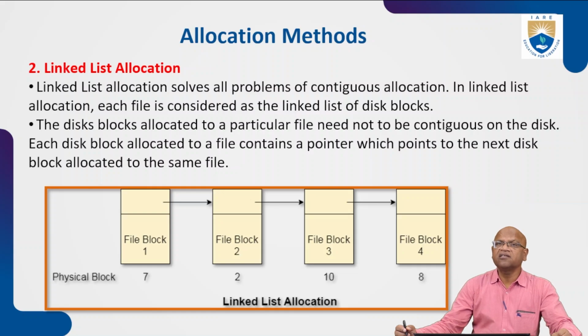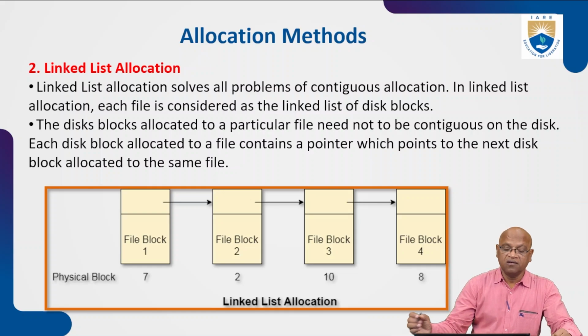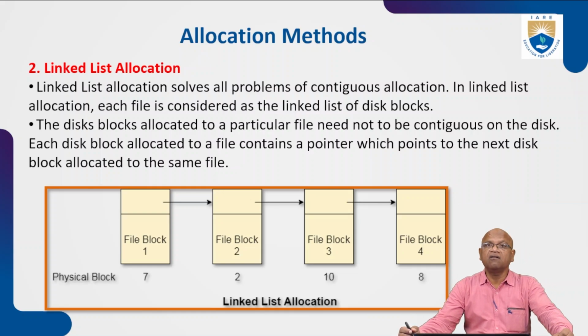Linked list allocation solves the drawbacks of contiguous allocation. In linked list allocation, each file is considered as a linked list of disk blocks. The disk blocks allocated to a particular file need not be continuous on the disk. Each disk block allocated to a file contains a pointer which points to the next disk block allocated.